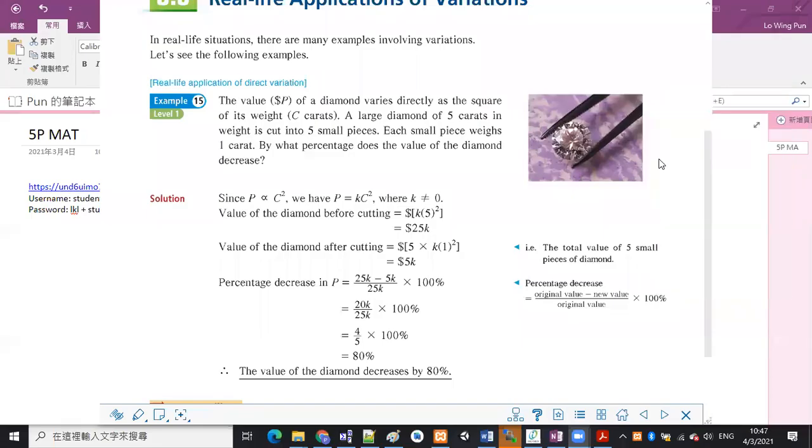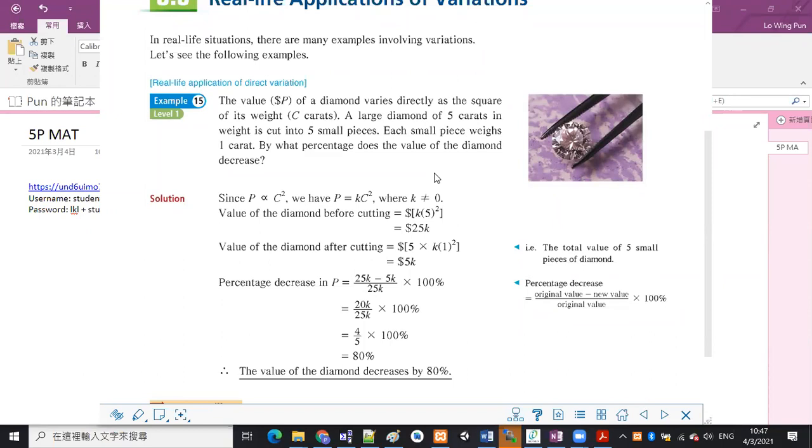So we will talk about some application problems today, about variations. You just need to identify the keywords again, set up the equation and use the given information to find the value of k, or sometimes set up two equations to find the values of a and b.